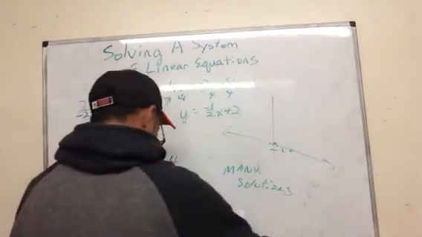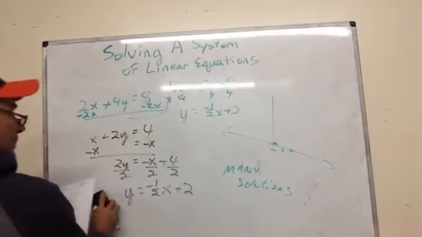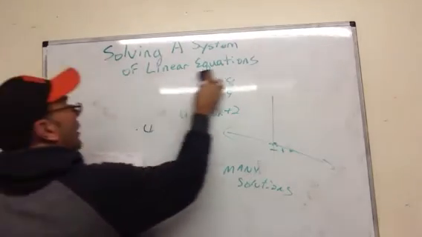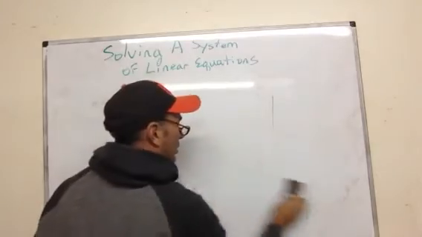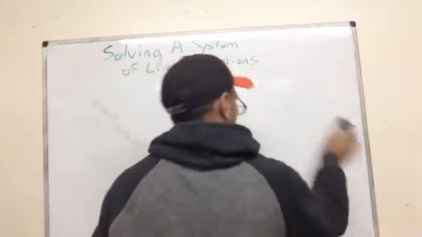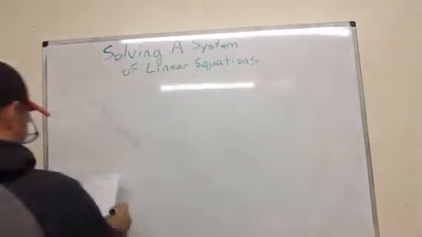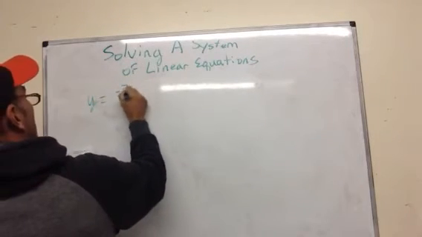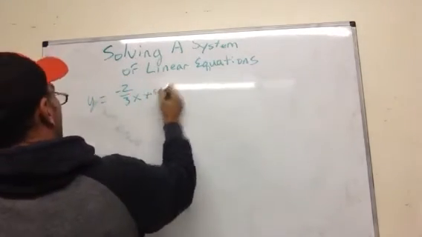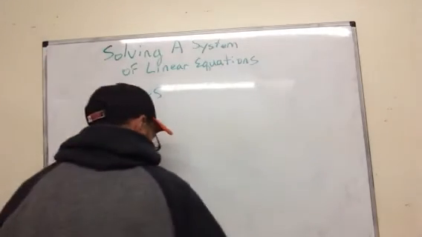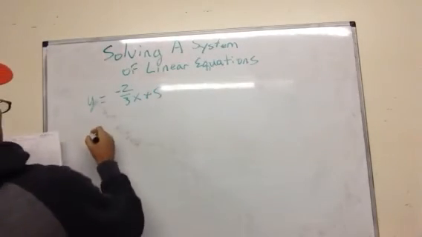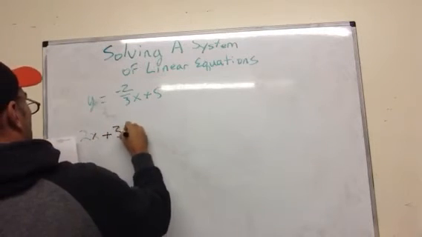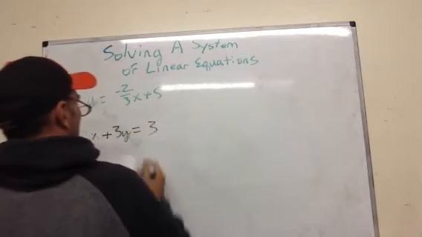Now I'm going to skip ahead to number 5. So number 5, one of the equations is y equals negative 2/3 x plus 5. And the other equation is 2x plus 3y equals 3.